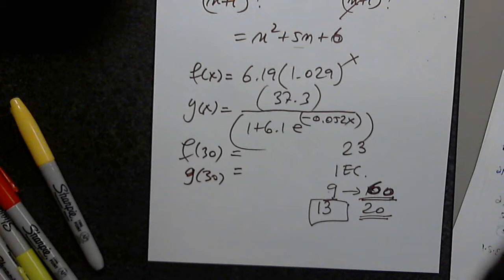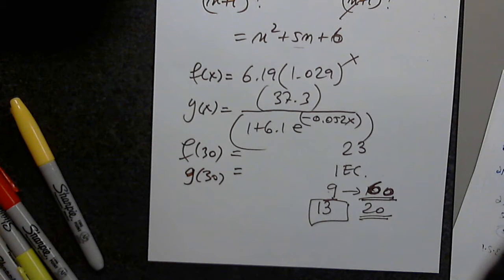The top doesn't really need parentheses, but you know me, I love parentheses. 37.3, close the parenthesis, divided by, in parentheses, 1 plus 6.1 times E to the, parentheses, do not forget parentheses, negative 0.052 multiplied by 30. Close the parenthesis for the top and close the parenthesis for the denominator. And press enter. And we get 16.